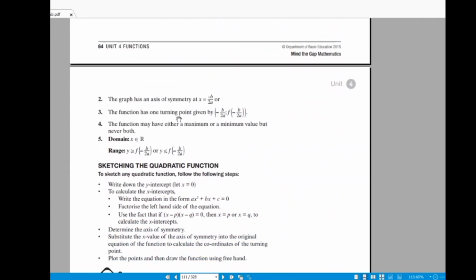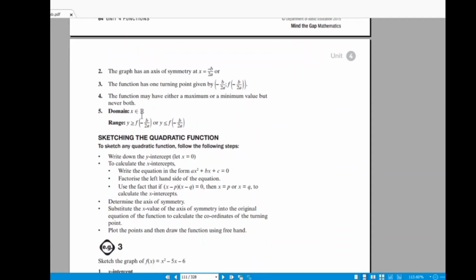The graph has an axis of symmetry at x is equals to minus b over 2a, and to get the y coordinate of the turning point, you'll substitute x is equals to minus b over 2a in your function. So the function may have either a maximum or a minimum value, but not both. The minimum values and the maximum values will usually be the turning points, right?